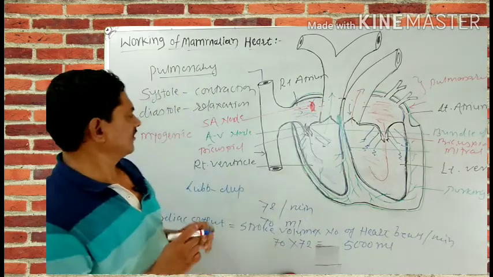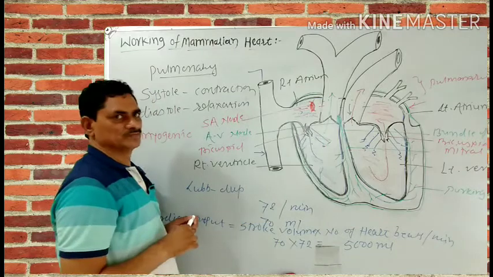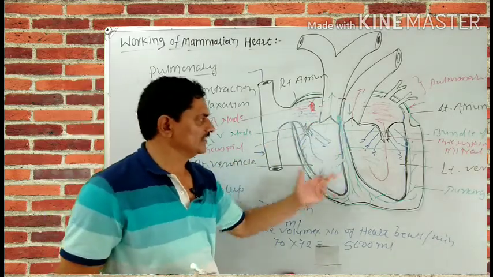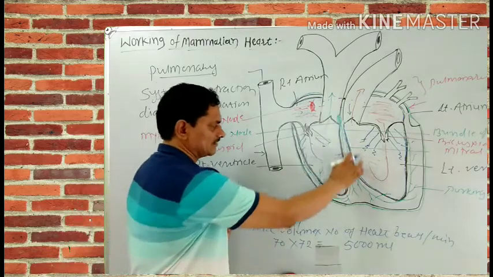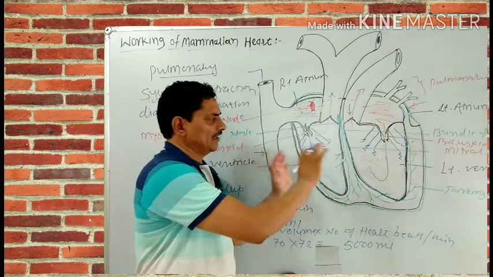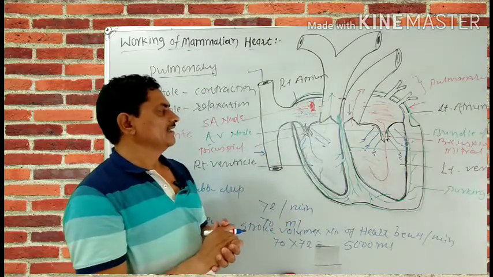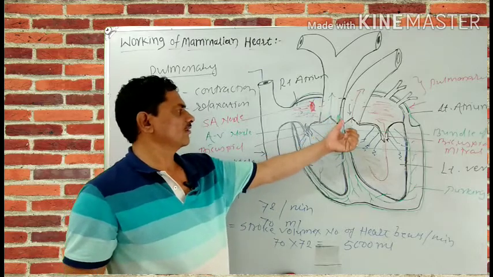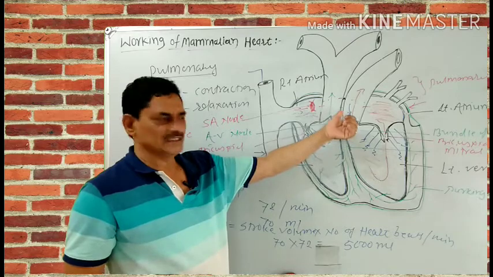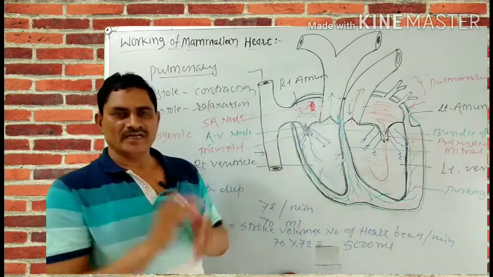Here there is another tissue, called the nodal tissue. From this nodal tissue, the bundle of His runs through the interventricular septum. It innervates all along the ventricular wall, and when this AV node creates a wave of contraction, it spreads all along the wall of the ventricles.